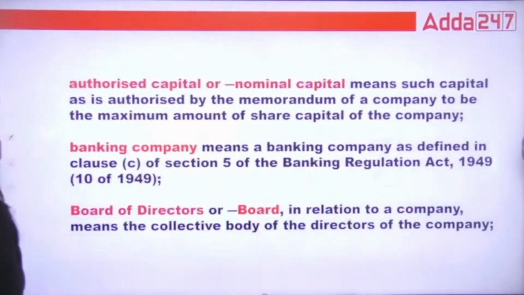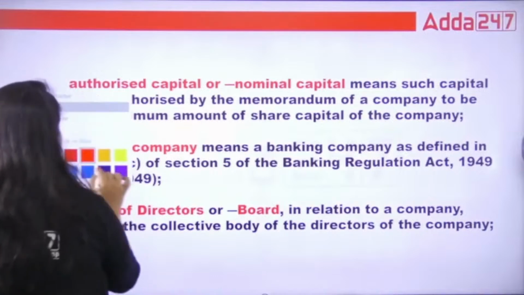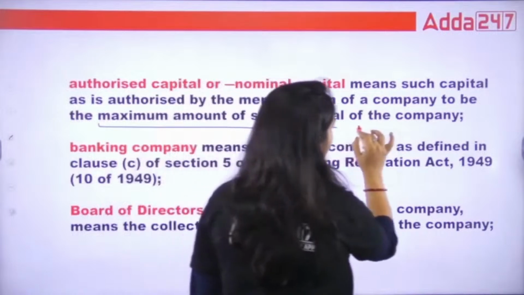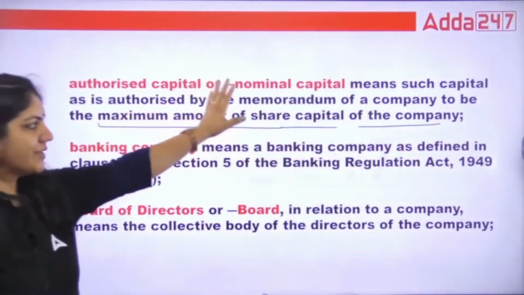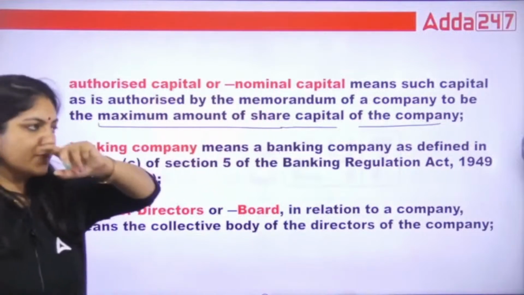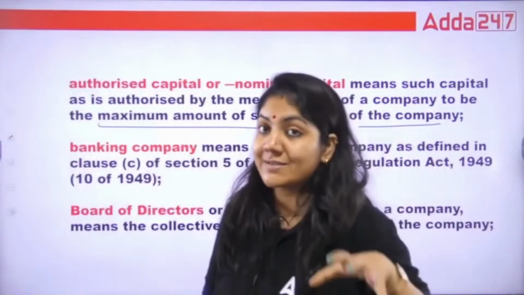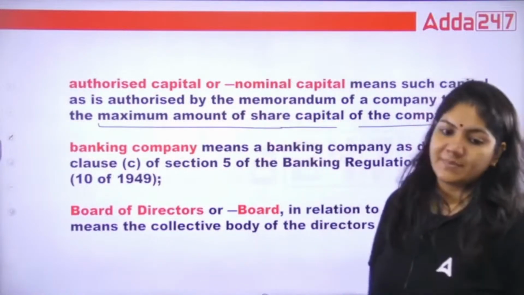Right? Now, what is authorized capital? Authorized capital means the maximum amount of share capital of a company. Suppose 500 shares the company has given, and whatever the amount coming by selling the 500 shares is called authorized capital.